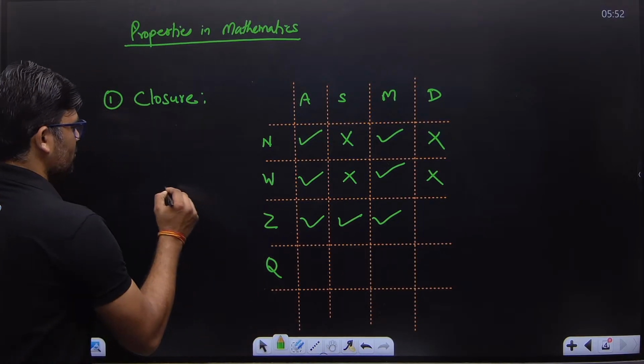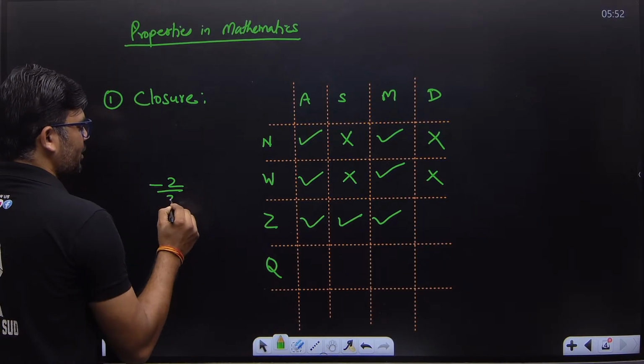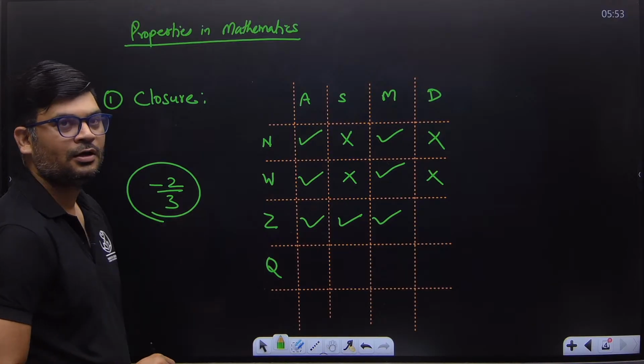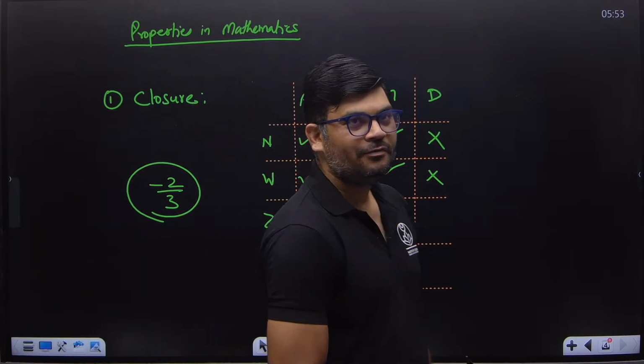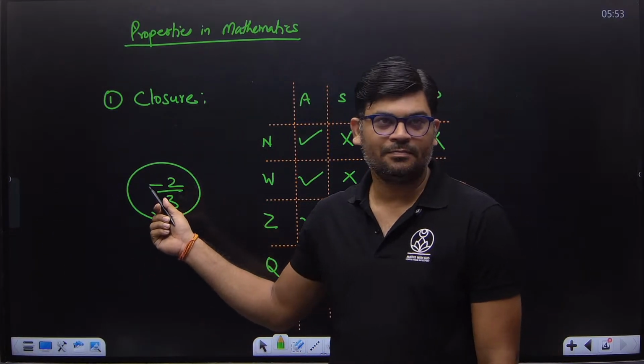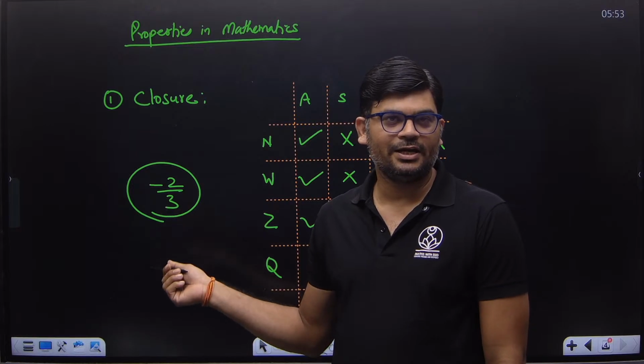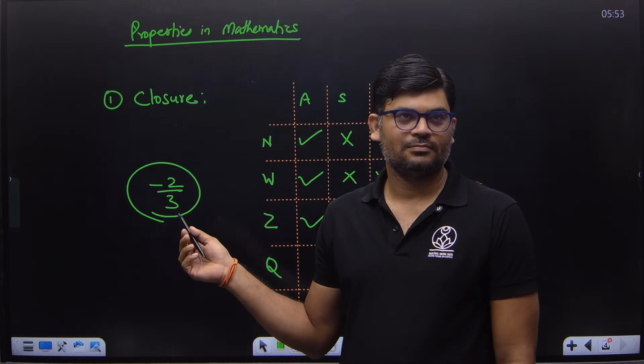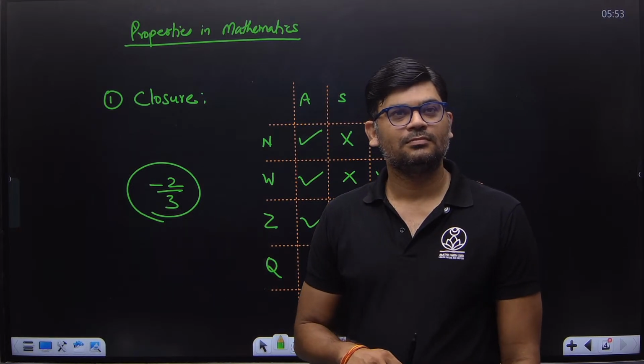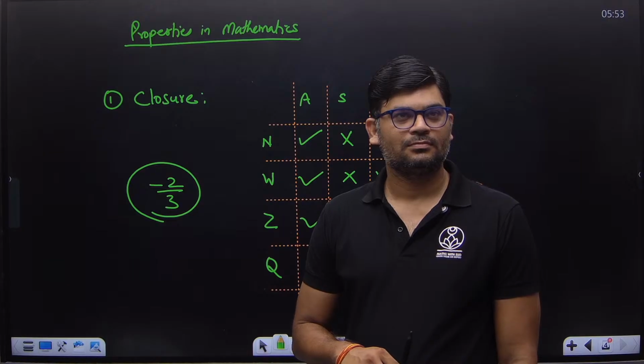Okay. So minus 2 by 3. I am dividing negative 2, one integer, by another integer. Is that an integer? But I thought you said if something works for subtraction, it also works for division, right?